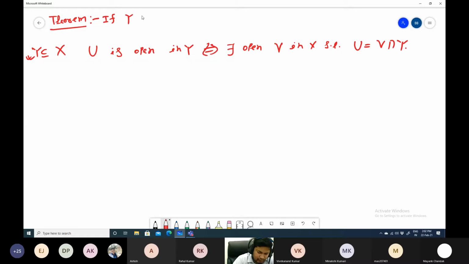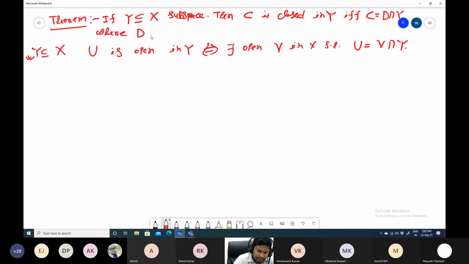So if Y is a subset of X, that means a subspace of X, then a set C is closed in Y if and only if C equals some D intersection Y, where D is closed in X. Okay, so we prove this theorem by using this.